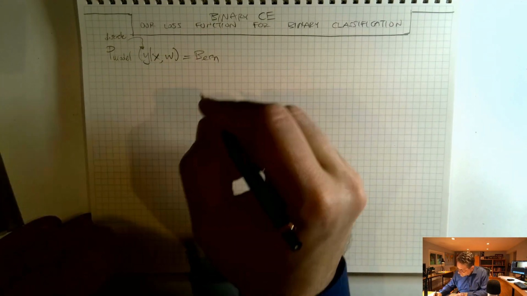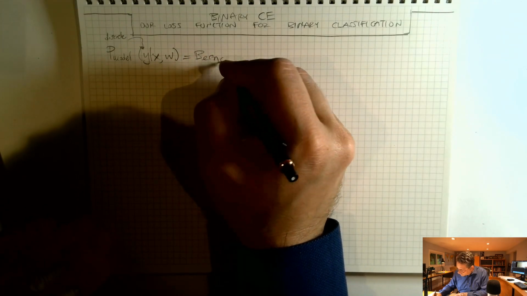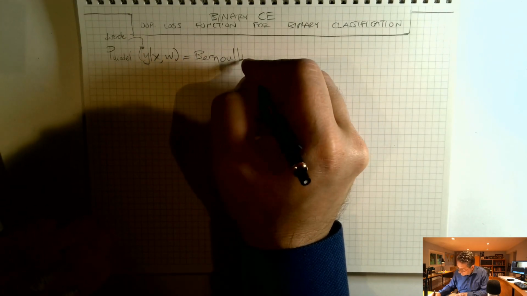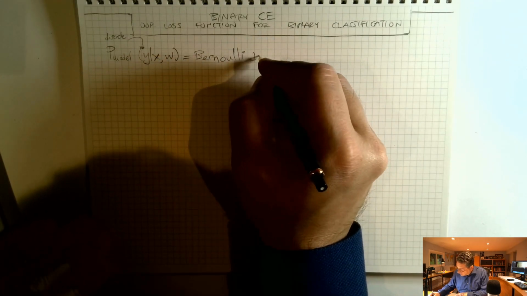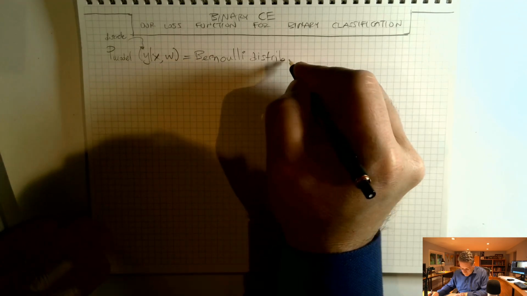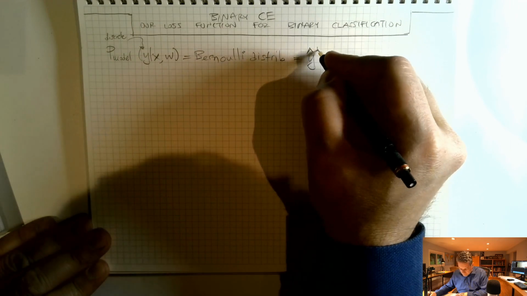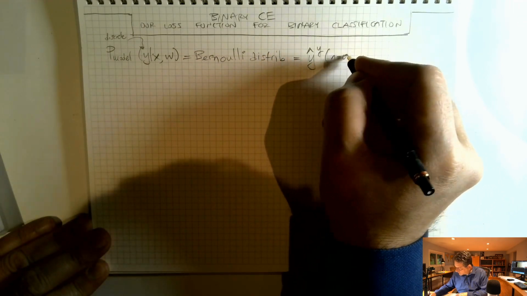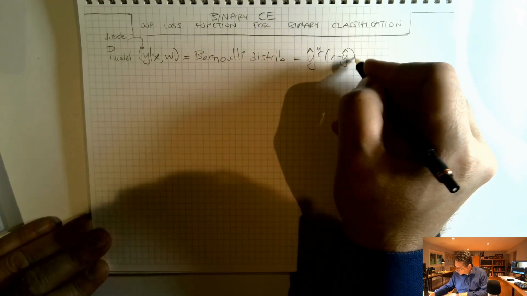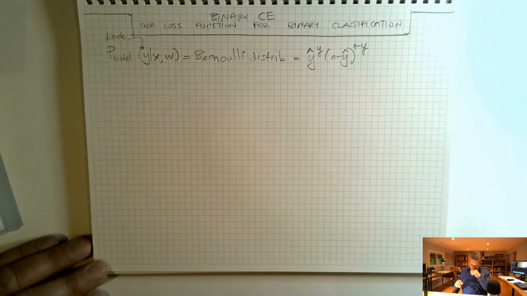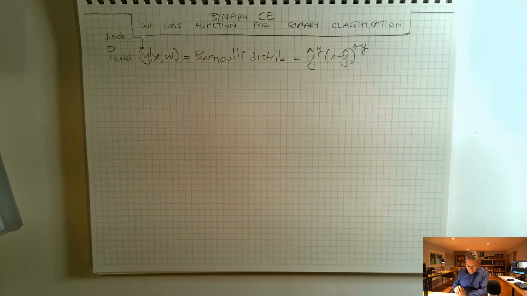And the Bernoulli distribution, let me write it with whole words over here, is given as y hat to the power of y, 1 minus y hat to the power of 1 minus y. Now let's spend some time understanding this.